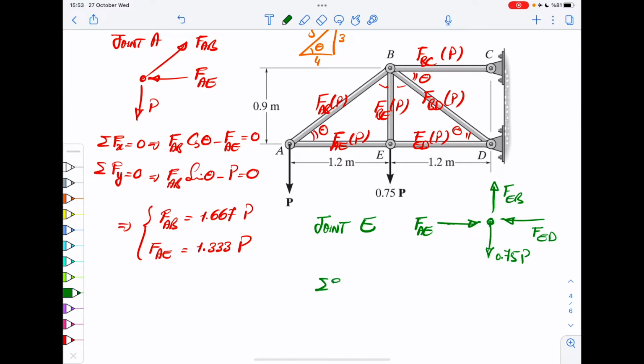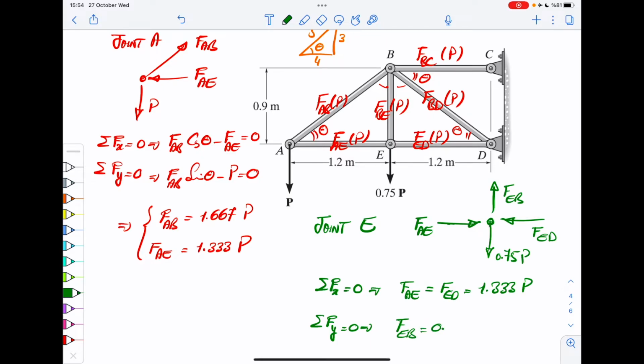You write equilibrium of forces in the x direction is 0, and in the y direction is 0. In the x direction, you can immediately see FAE equals FED, which from the previous one, you know is going to be 1.333P. From the equilibrium of forces in the y direction, you can see FEB would be 0.75P.